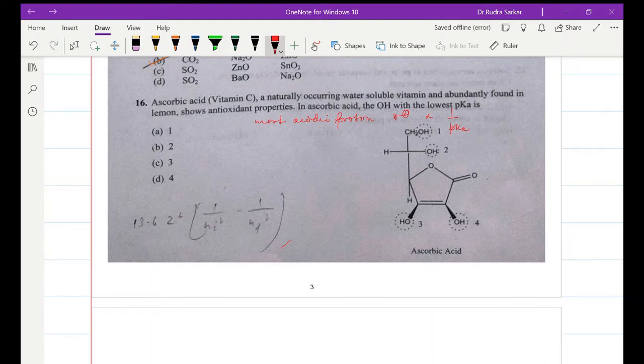Now, we are not considering 1 and 2 at all because they are connected to sp3 carbon, okay, and we are considering 3 or 4 over here because they are connected to sp2 carbon, and sp2 carbon is more electronegative than sp3 carbon, okay.